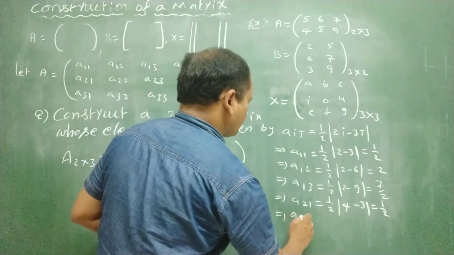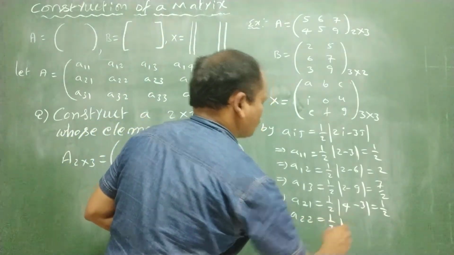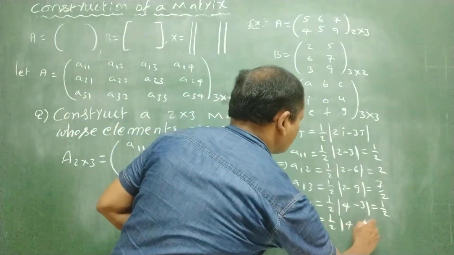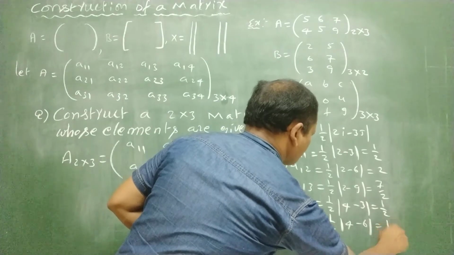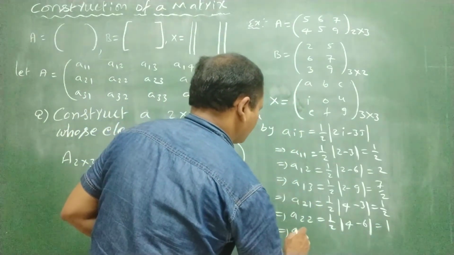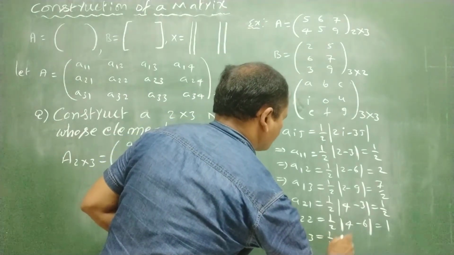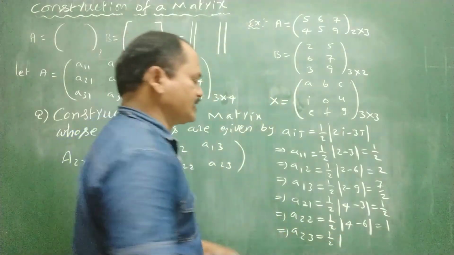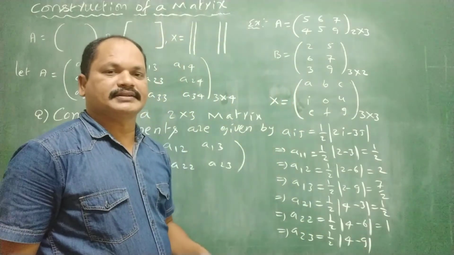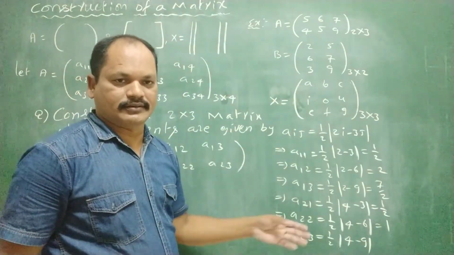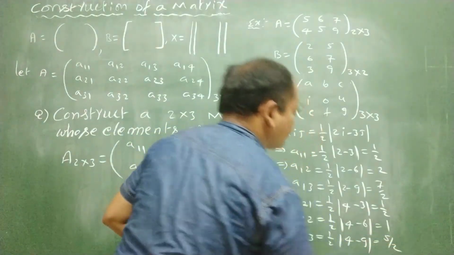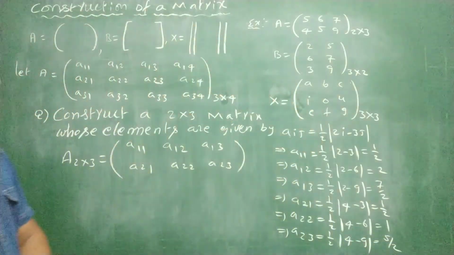Again, A22: 1/2 into |4 - 6|, that is 2 by 2, 1. And A23: 1/2 into |4 - 9|. 4 minus 9 is minus 5, but mod is there, so plus 5/2. That's all.